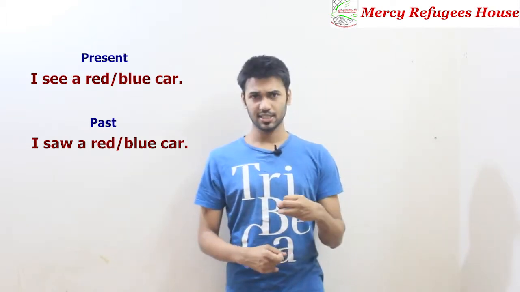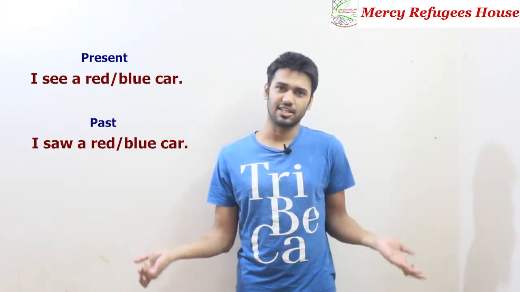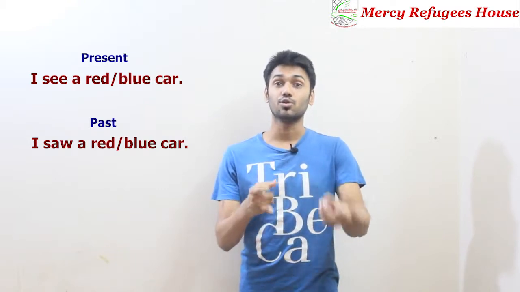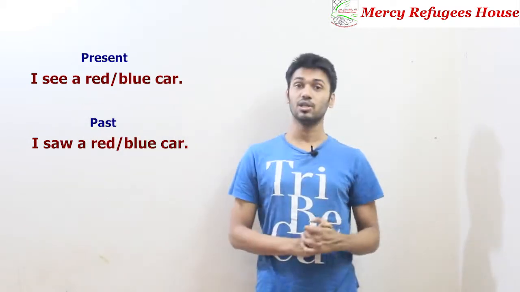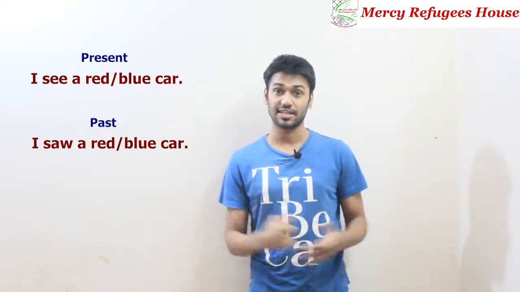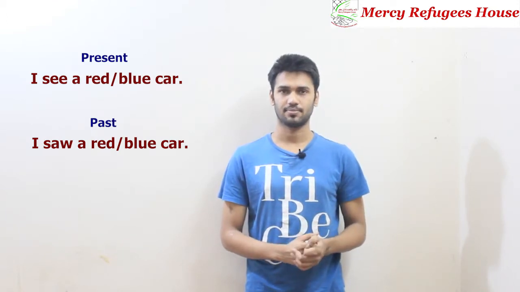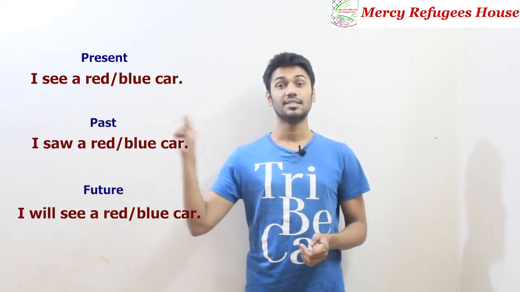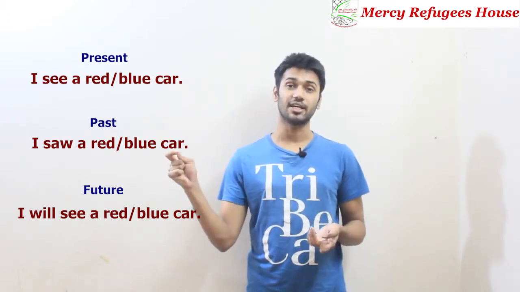The next thing, I haven't seen it yet. Maybe if we go to the road tomorrow, we will see a red car. In that case, I'll say, I will see a red car, or I will see a blue car. Did you get me? Go through the rest of the 3 examples like this.